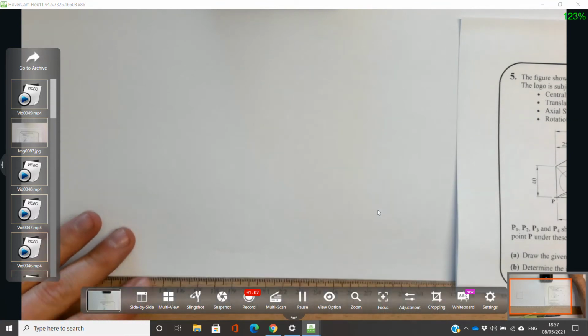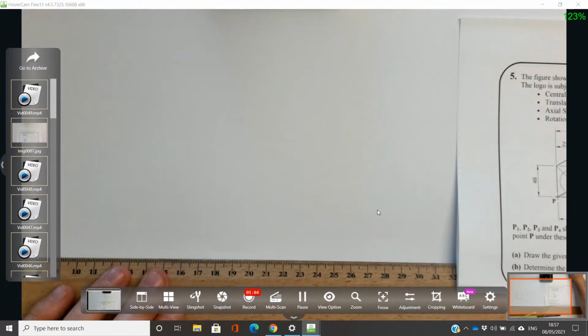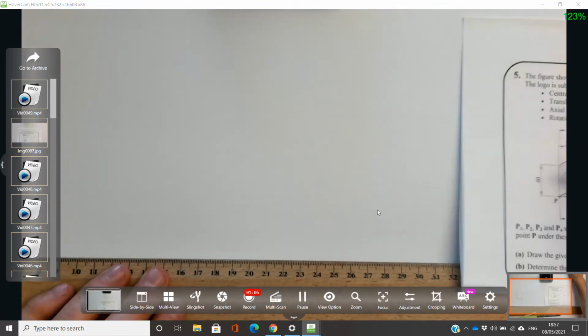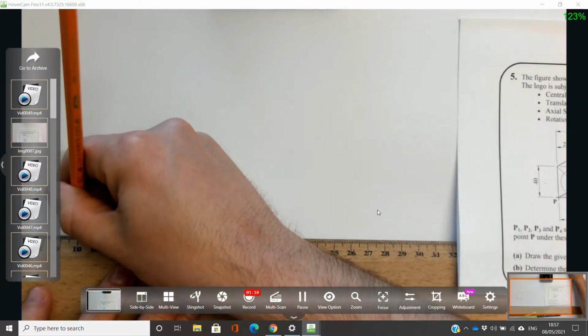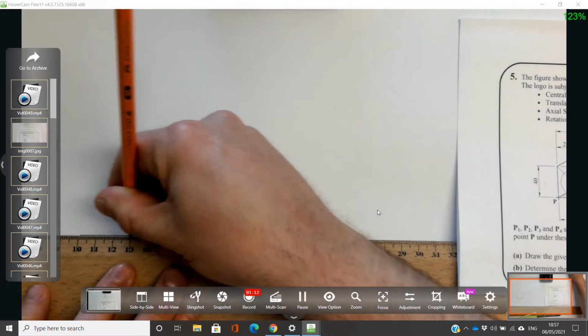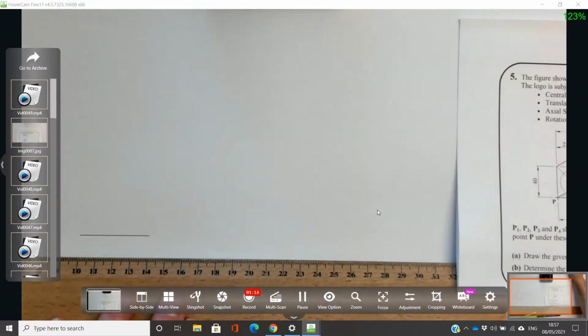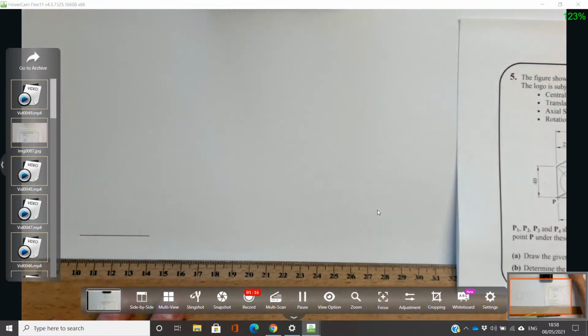Okay, so here's the size of our square is 40, and then 25 and 15. Okay, so 25 and 15 is 40. So it's a square.